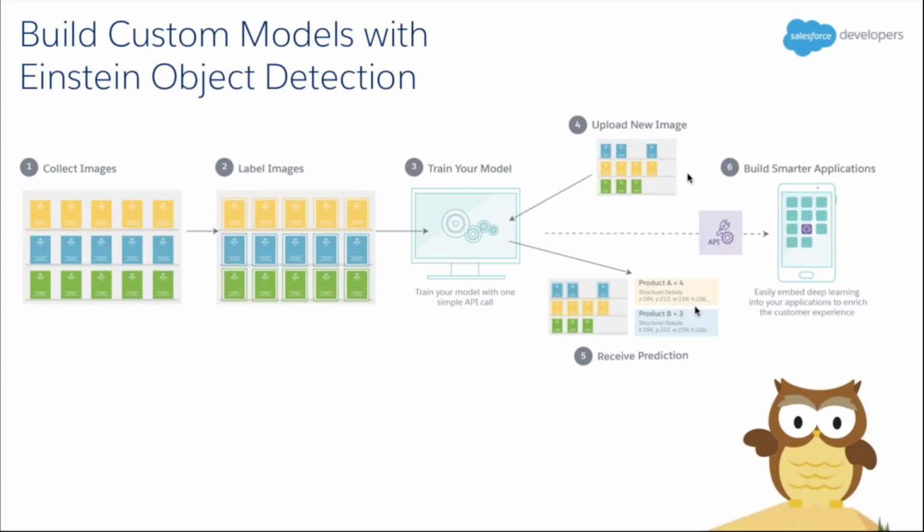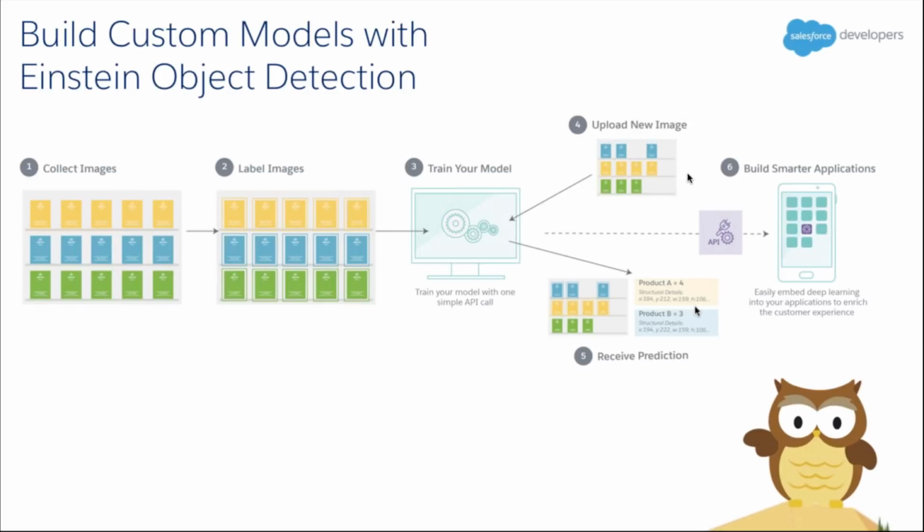With this model ID, you can do two really cool things. One is you can start getting predictions on new images that the model has never seen before, which is great. The other thing is you get model metrics, and so you're able to understand which of your objects the model is able to detect very well versus not.